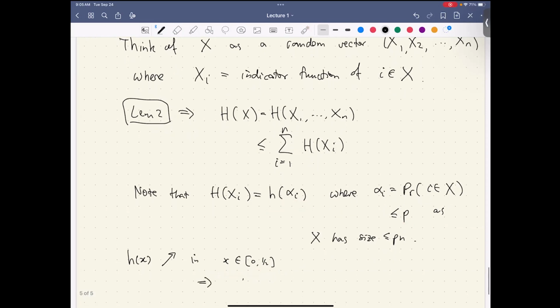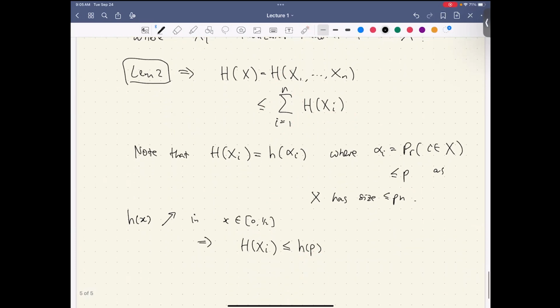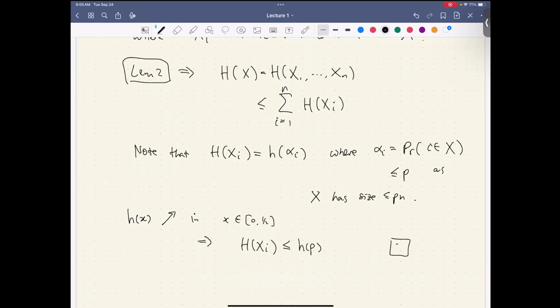So this implies that each individual information is at most little h(p), which finishes the proof for all i. So we have each summand is at most h(p). We have n of them. Any question?